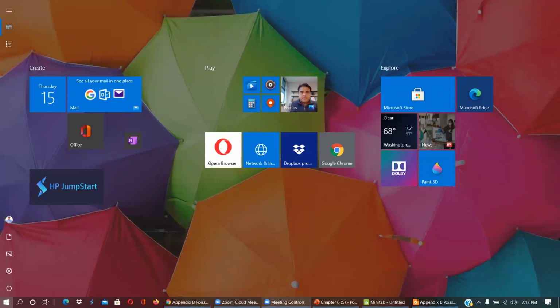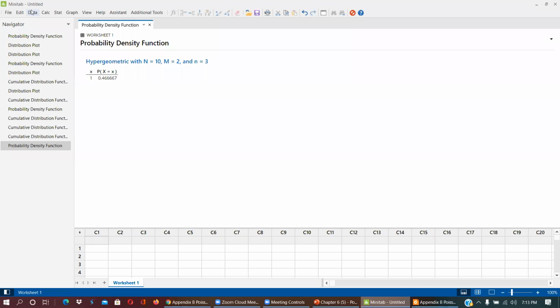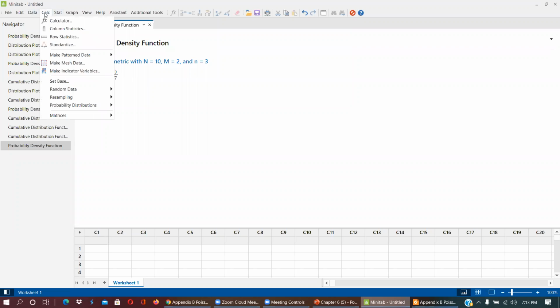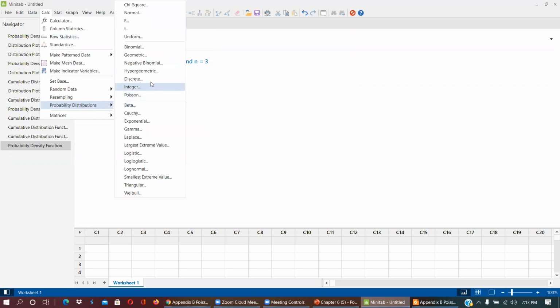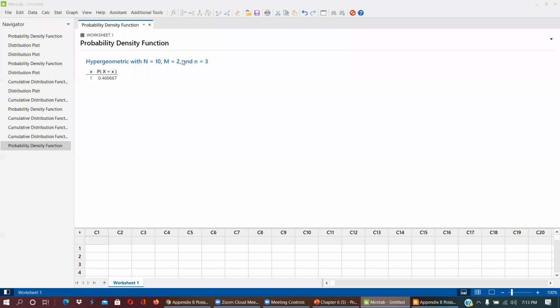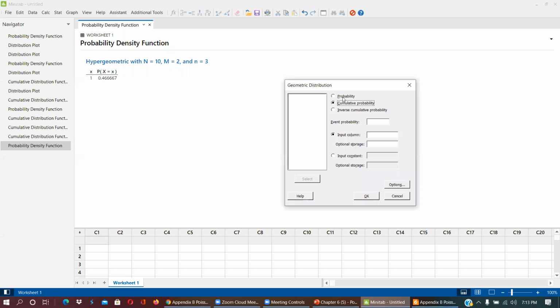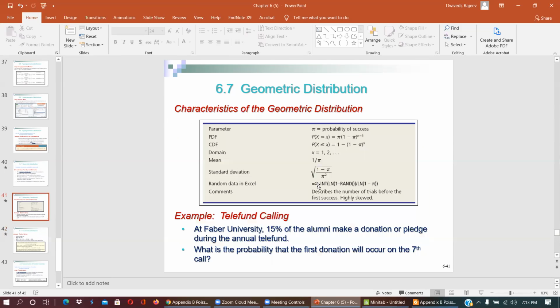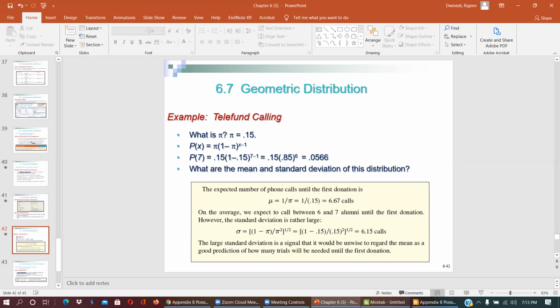Oh sorry, Minitab and calculate, and probability distribution, we have geometric. Where is geometric distribution? And again, probability, event probability is how much? 7. What is the event probability? 15%.